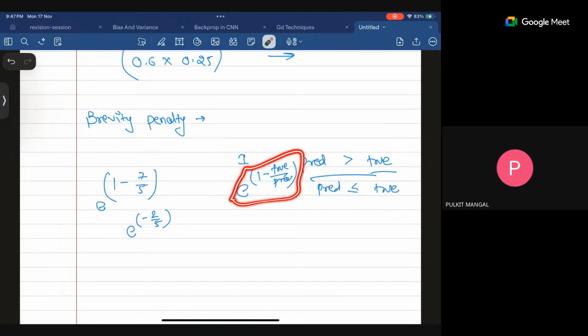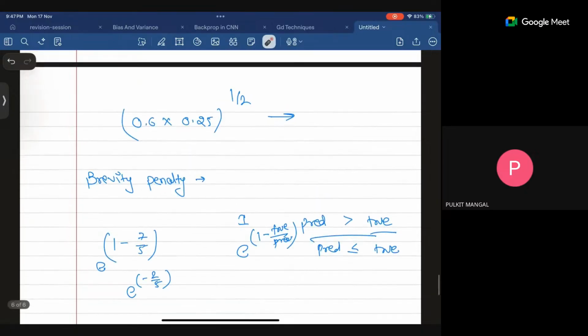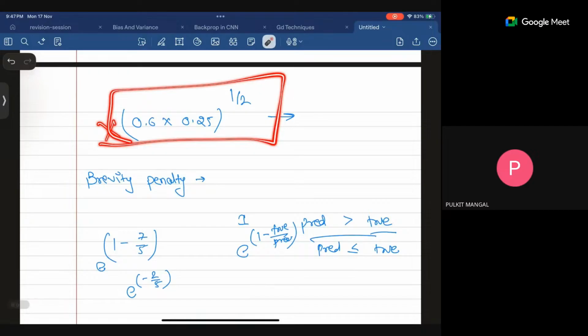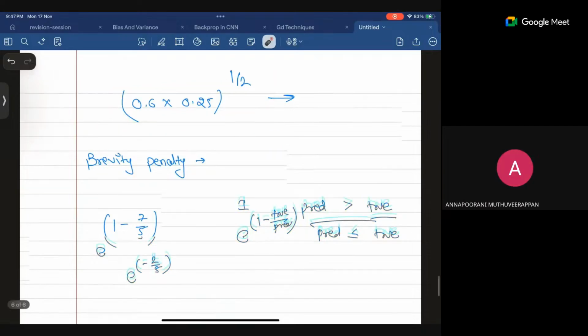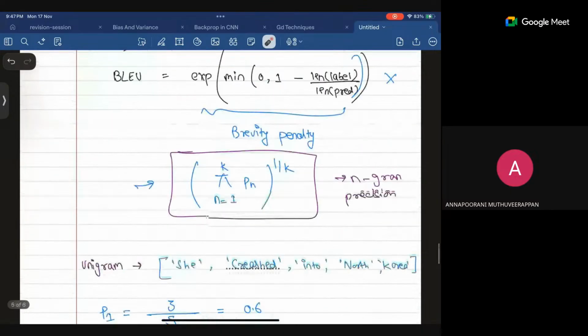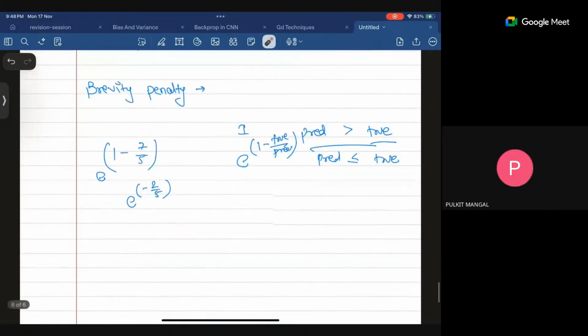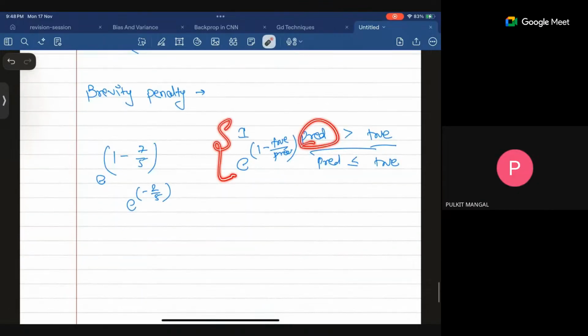Else, if the predicted sequence is less than or equal to the true one, then go with exponential of 1 minus true by predicted. So you are going to get e power negative 2 by 5, and you just multiply it with this to get the final value. As of now, instead of the condition in the actual formula, you can take this condition: if the length of the predicted is greater than the length of the true, then the brevity penalty would be 1.